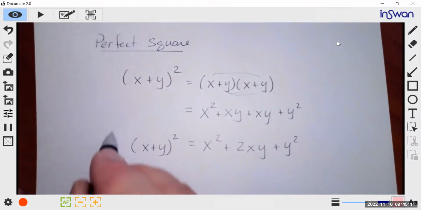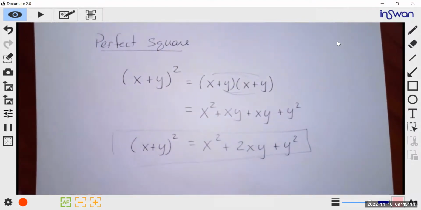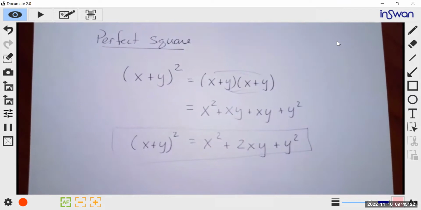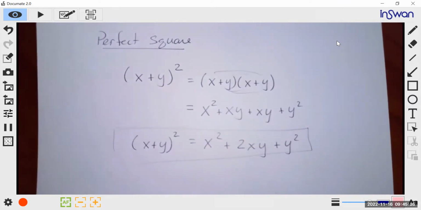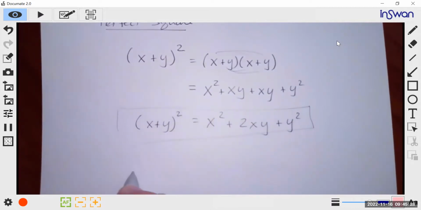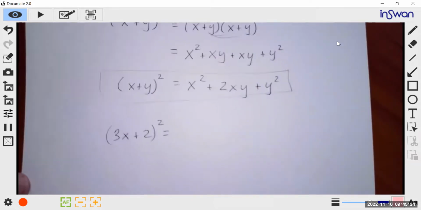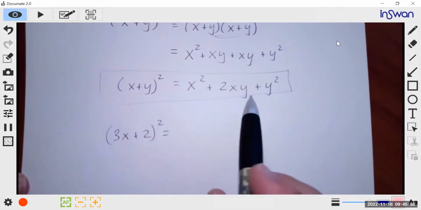So there's the formula for perfect squares. Okay, now I gave it to you, I showed it to you, but what does it mean? What if I gave you this? Using this formula, this is what it means.